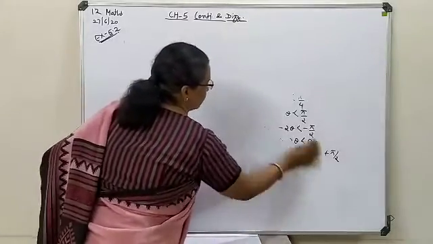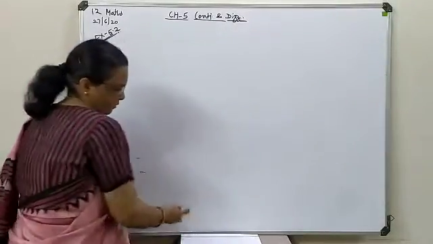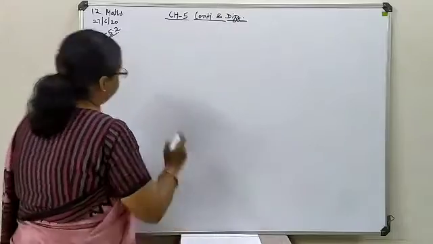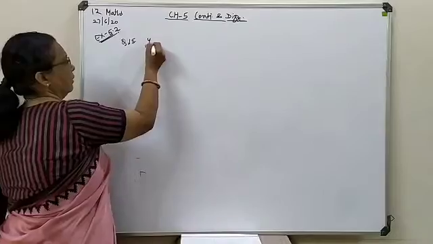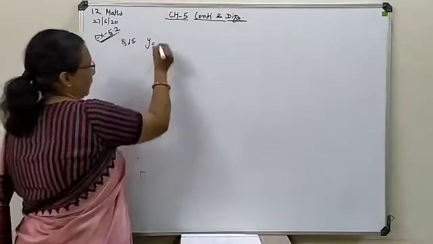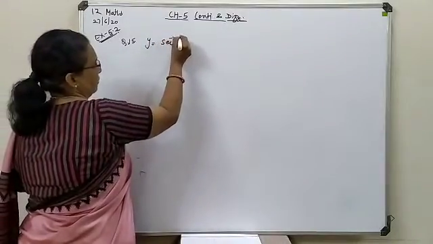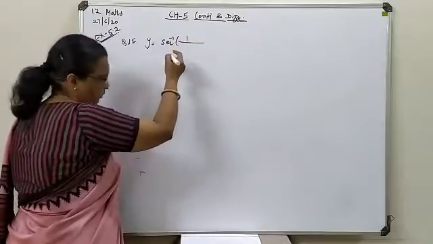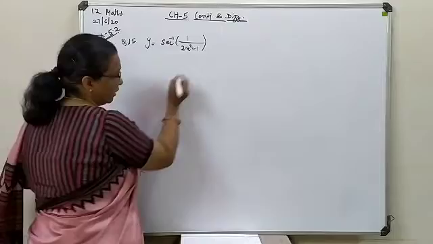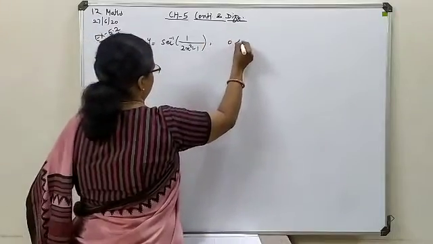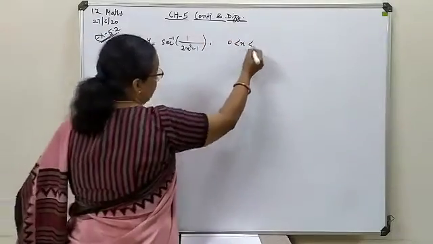This is the last question of this exercise, question number 15. In 15.1, your term is changed. Here it is sec inverse of 1 upon 2x square minus 1 with the given range 0 to 1 by under root 2.